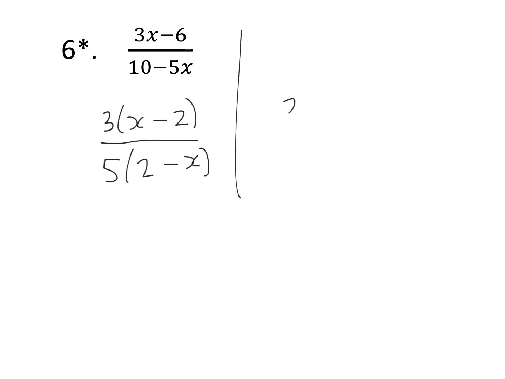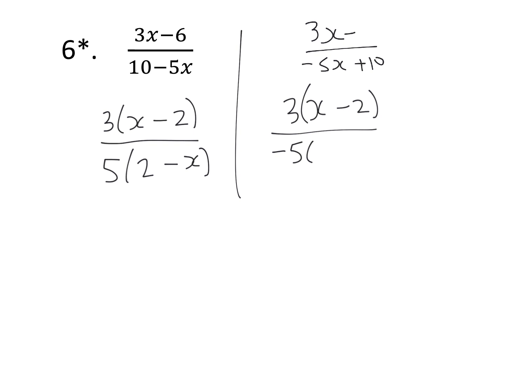However, if we give this another go and leave the numerator as it is, so that would be 3x minus 6, we could pull out, instead of the factor 5, we could pull out the factor minus 5. In which case, I'm just going to reorder this, minus 5x plus 10 on the denominator, and 3x minus 6. So if I reorder the x and the 10, the numerator stays as it is, I didn't change it.